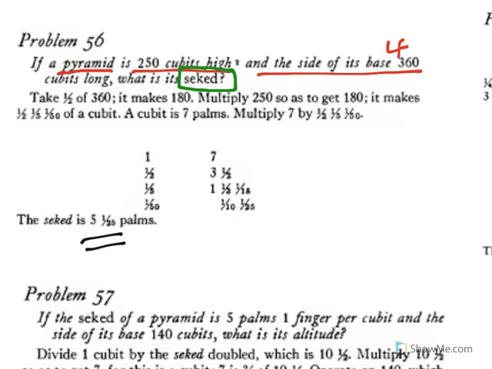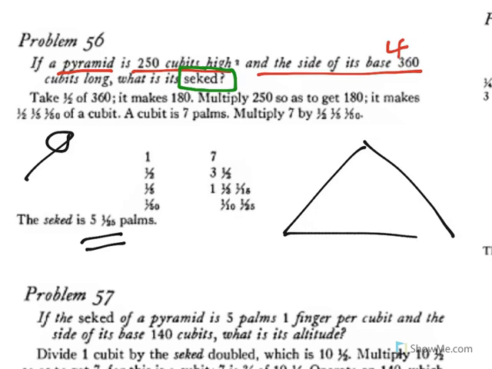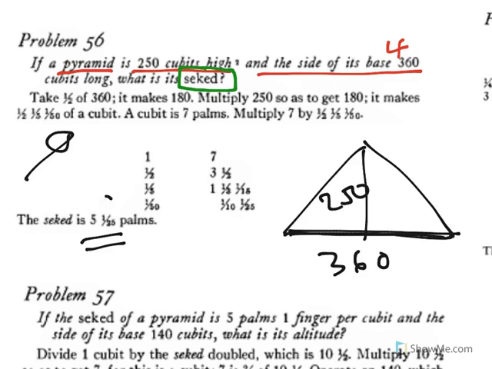Well, let's take a look based on the information we have here. They tell us what their process is. So they say it's 250. Here's our pyramid. I'll make a cross section of it. They say it's 250 high, so that's this, and it's 360, that's its base. And they have this mysterious second, and the answer is 5 and 1/25.